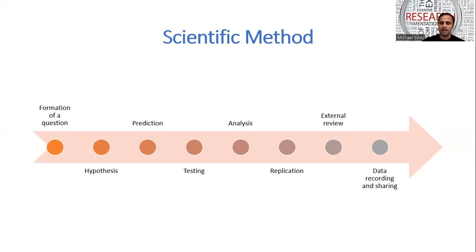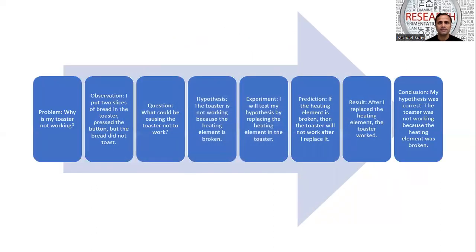To cite an example of the scientific method, let us take the problem of why my toaster is not working. I will observe whether the toaster is not working by putting in the slice and turning on the toaster. It's not coming on.